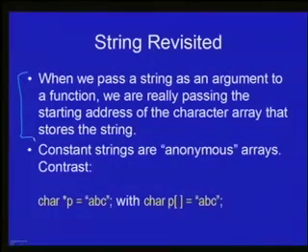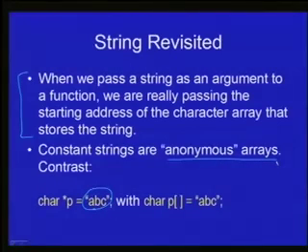Now, strings are also different from other kinds of arrays in the sense that it is possible to have constant strings. For example, the constant string ABC here. Now, what kind of an array is that? What happens with constant strings is that they are treated by the compiler as anonymous arrays. Anonymous means without a name.